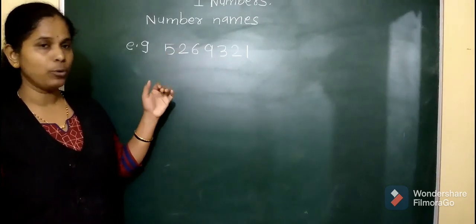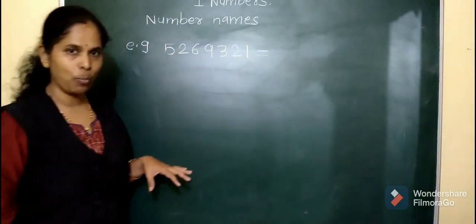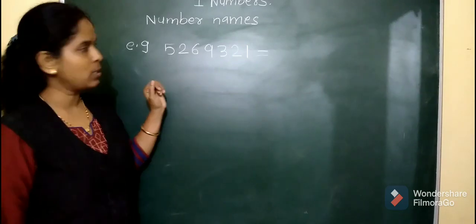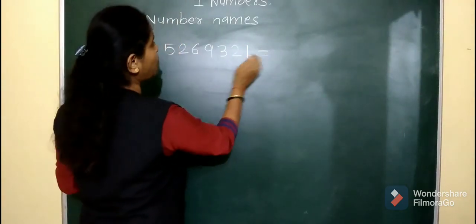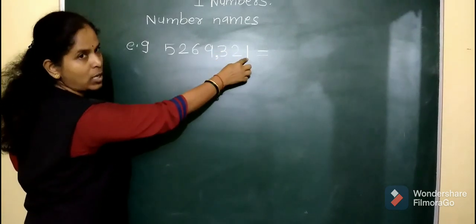So again, before writing the name, to understand properly, we will separate the periods by using commas. So how to separate the periods? See here, these 3 make one period, the ones period.